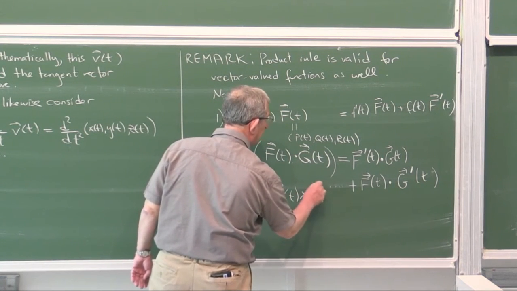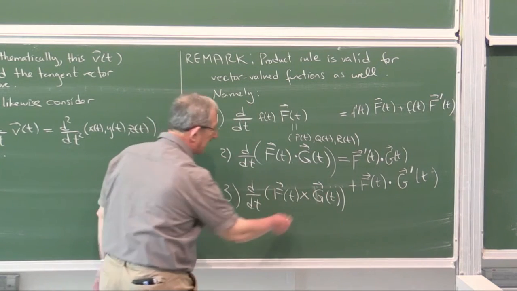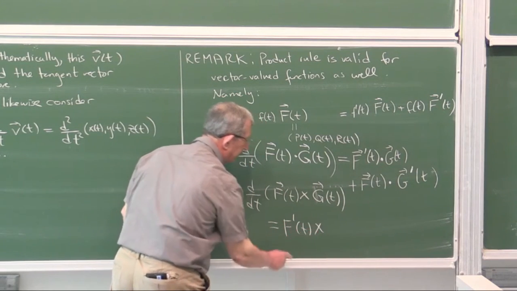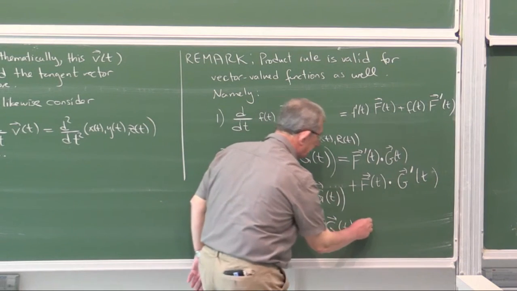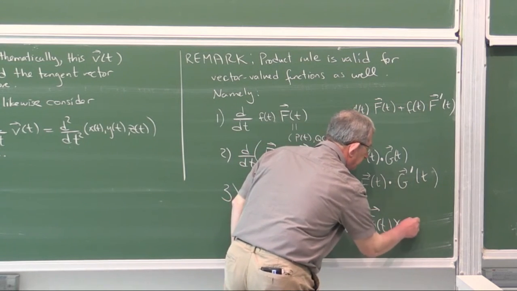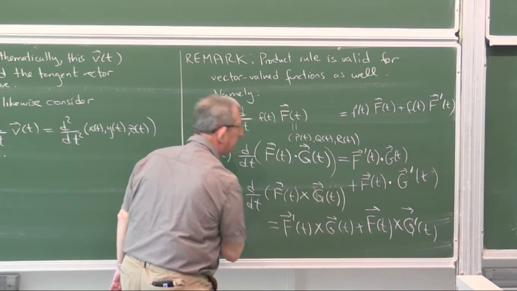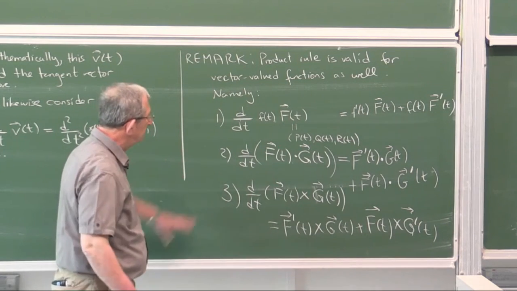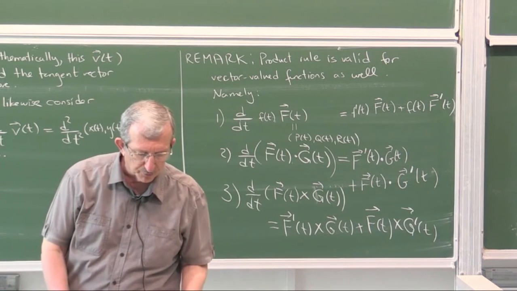Because these are vector valued, all of these operations are valid, and this will be exactly the same thing as that one. That is f prime t cross, this time, g of t plus f of t cross g prime of t. This, of course, is a vector. So these operations are valid as in the usual product rule that we have.